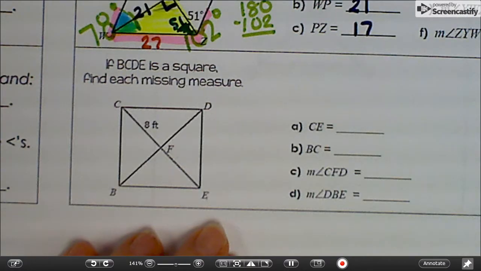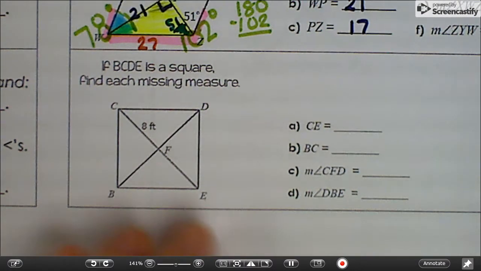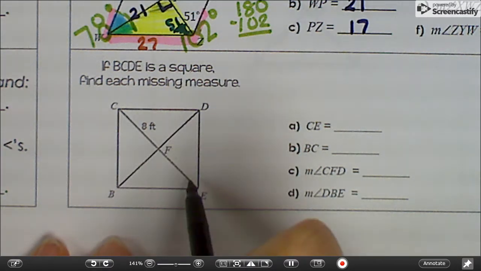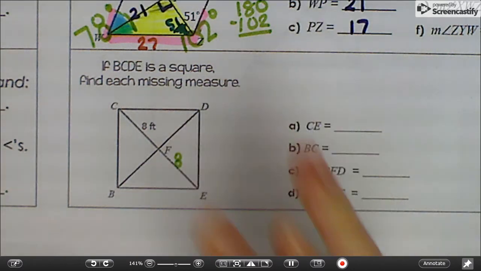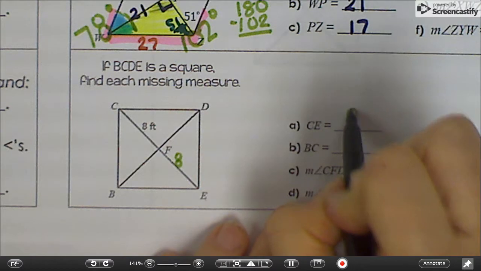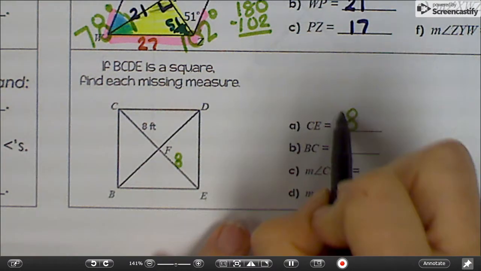All right, BCDE is a square. We're going to find the missing measurements. CE, any ideas? Diagonals bisect each other, so if this is 8, that has to be 8. So CE is 8. Oops, I'm just kidding. CE is 16.